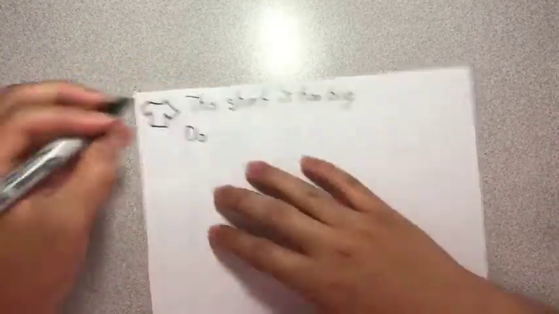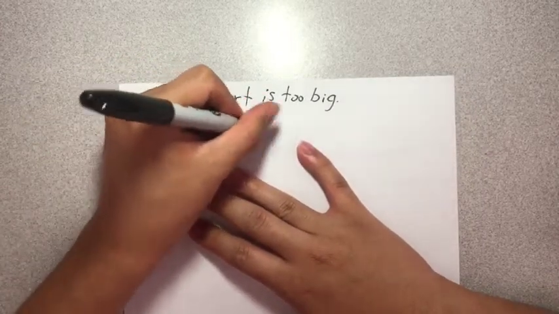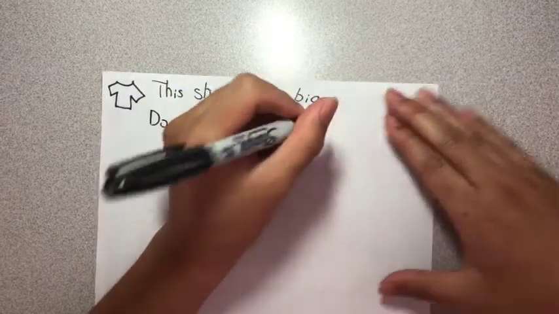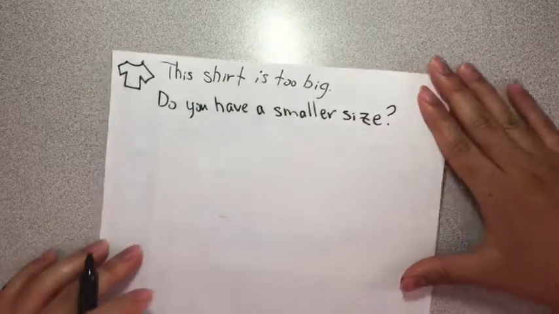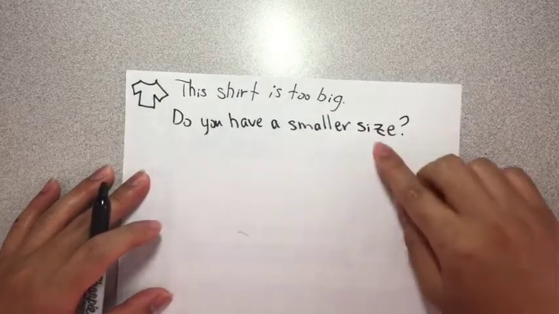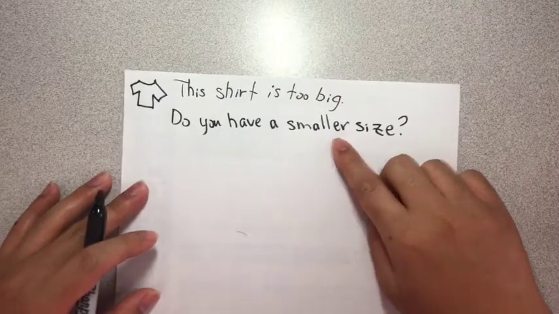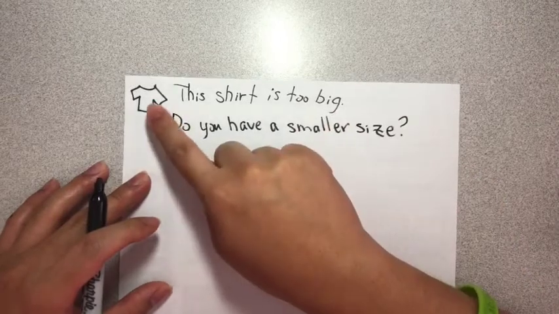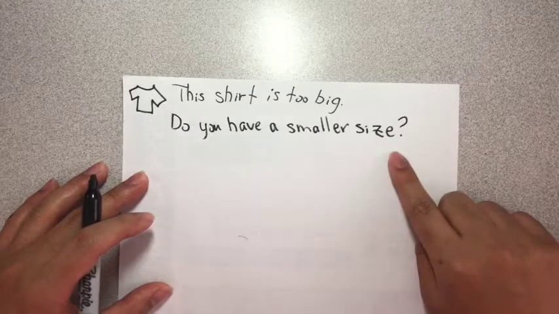So we ask the people in the store, do you have a smaller size? Do you have a smaller size or do you have a smaller shirt? We're using smaller here because we want a shirt that's smaller because this shirt is too big. We need the same shirt, but it needs to be smaller. So we say, do you have a smaller size?